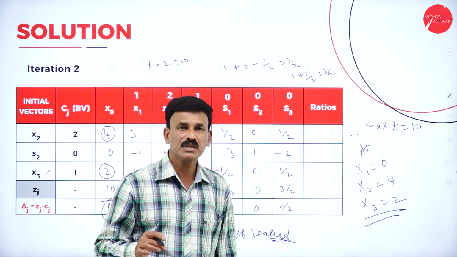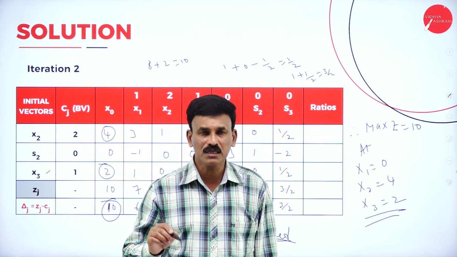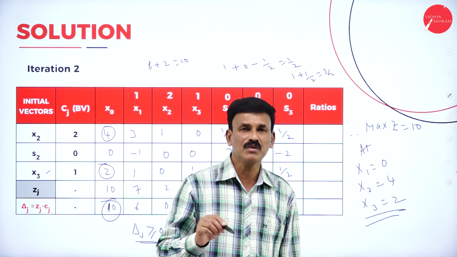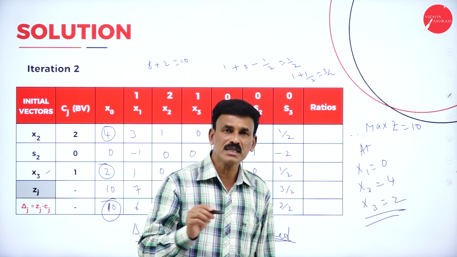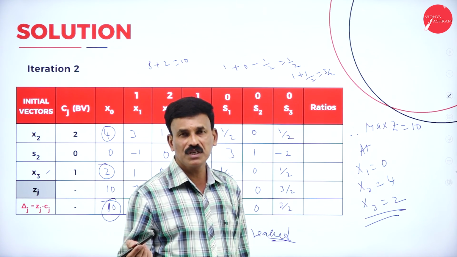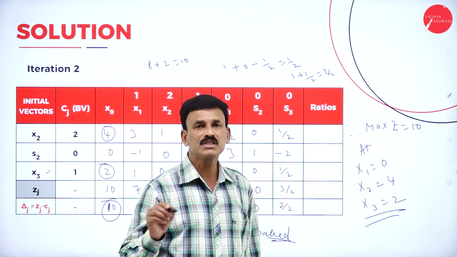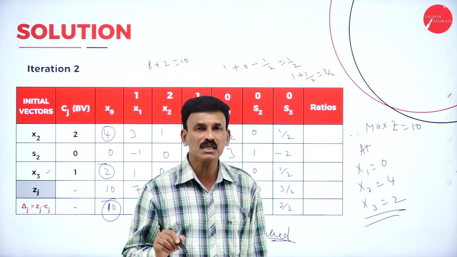Now here the very important concept is, once there is a tie, just eliminate the tie by using the formula for finding the minimum value. The minimum value is given by the elements of the first column of the unit matrix divided by the incoming variable. Similarly, once again if there is a tie, we use the elements of the second column of the unit matrix divided by the incoming elements.